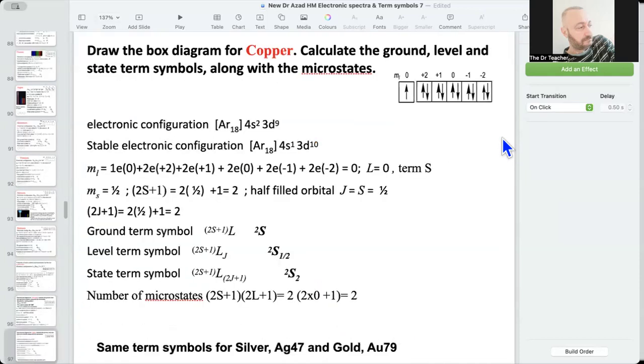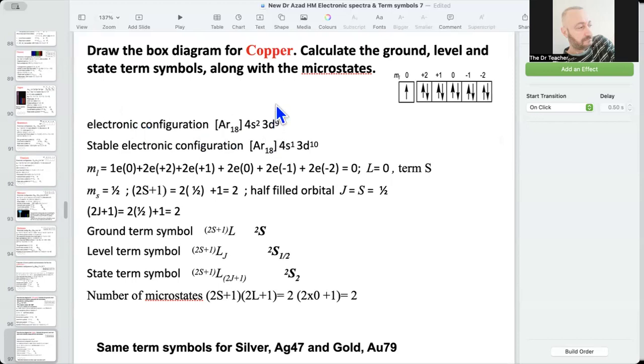Copper. Aha, here is the copper. I wanted to show you what happens with copper. In this case, copper has 4s2 3d9, the normal electron configuration.